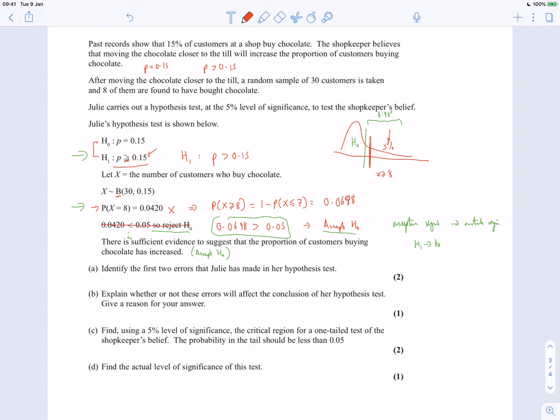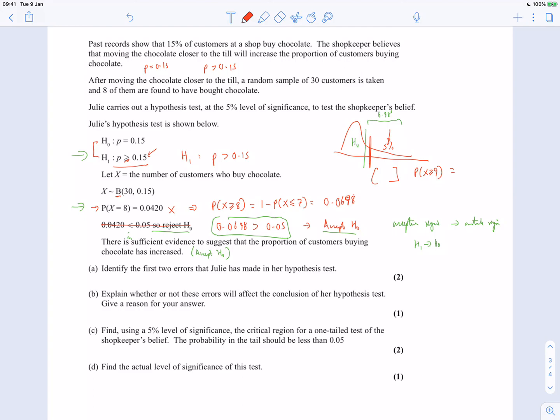But let's check what the probabilities are for X being greater than or equal to 8. No, 8 is the boundary, so we need to check X is greater than or equal to 9. What is that? Well, go back to my cumulative distribution, lower at 8, upper at 30.